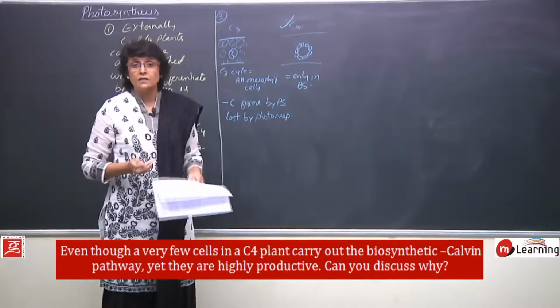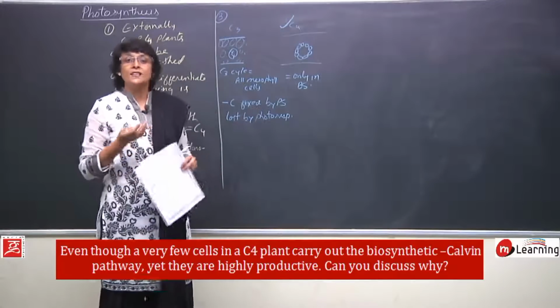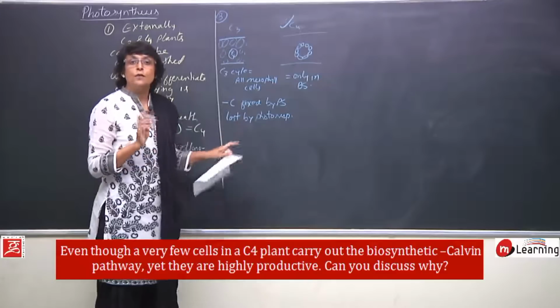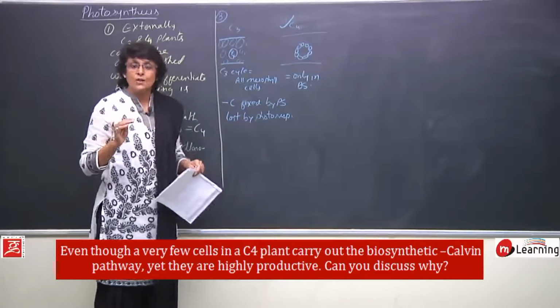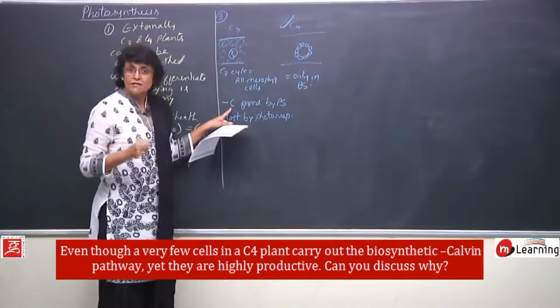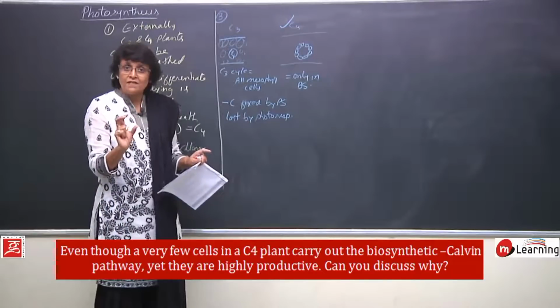What is meant by productivity? Productivity is, using the carbon, how much organic matter is synthesized. So, photosynthesis fixes this carbon and photorespiration releases this carbon. So, the end result is less. Suppose 100 carbons are fixed and 25 are lost by photorespiration, only 75 remain.